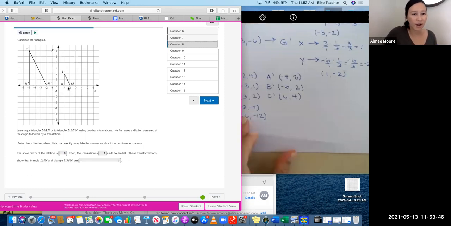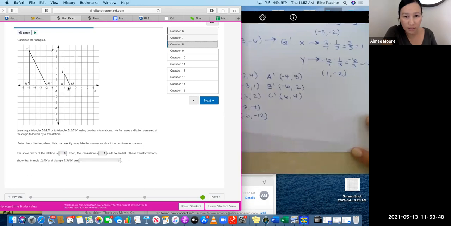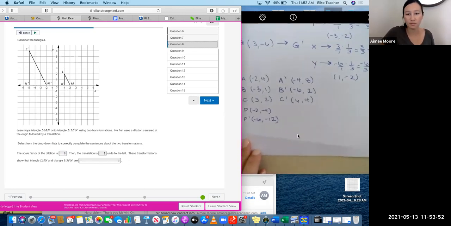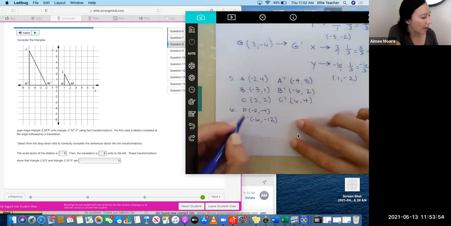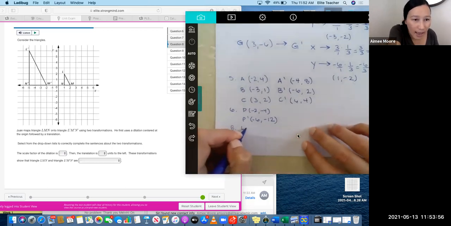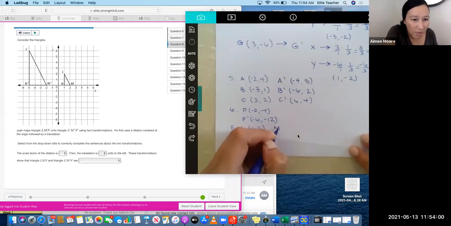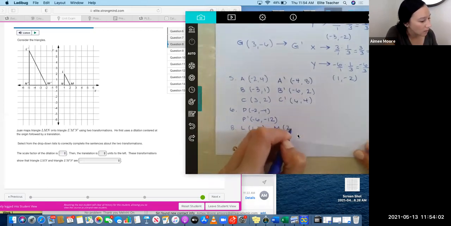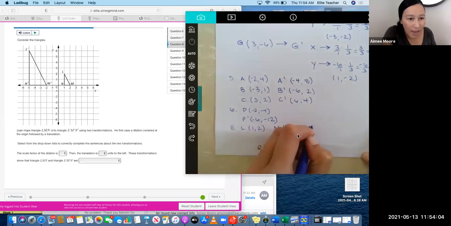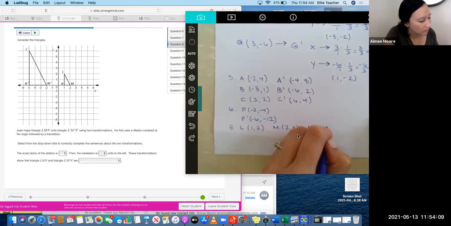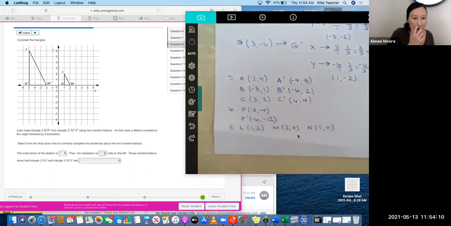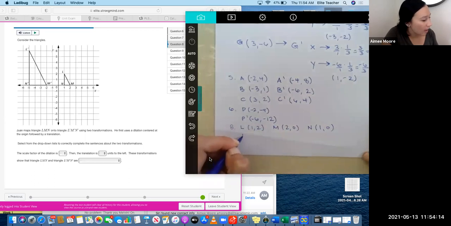let's figure out those new points. This is number 8. So we have L, which is at 1, 2. And then we have M, which is at 2, 0. And we have N, which is at 1, 0. Okay, so first we need to multiply all of those.